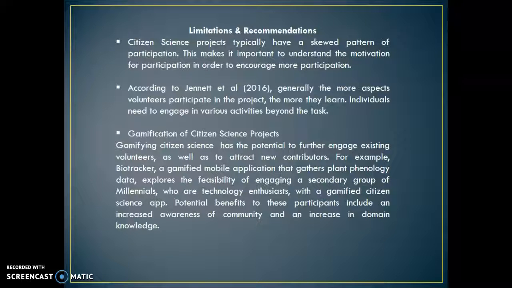The recommendation is that if we gamify citizen science projects, millennials who are technology enthusiasts will be more inclined to participate, maybe with apps where they can take photos and study and be more aware of the environment. Thank you so much, and that is what I had for today.